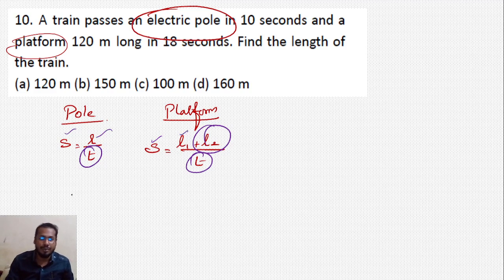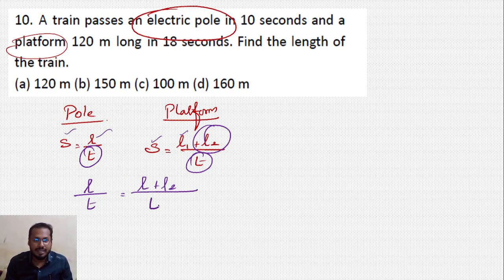Two variables don't know means leave the left hand side, take both the right hand side and equate it. How to equate it? Look at this. L over T is equal to L1 plus L2 over T. Here both L is train, speed over T. So equate this and find the L value and substitute in any one of the formulas. You will get the speed. That's what I'm going to do here.